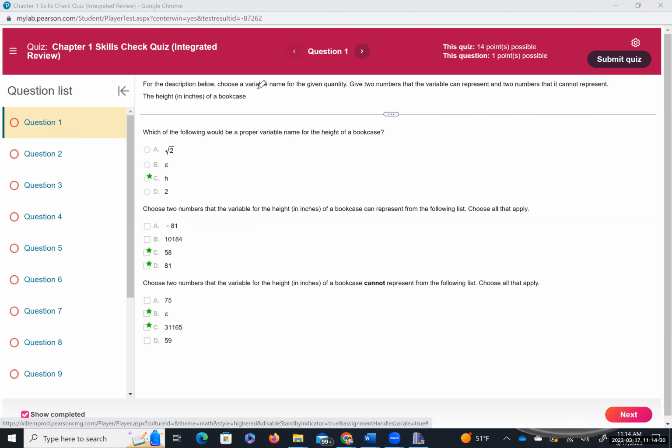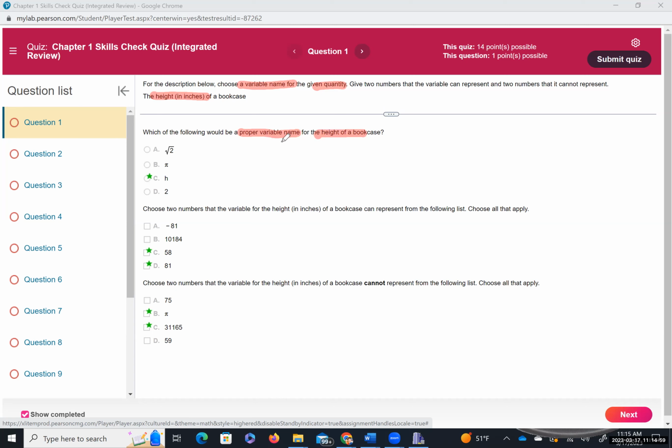We're looking for the variable name and quantities. In here we're talking about the height of a bookcase. The question says, which of the following would be the proper variable name for the height of a bookcase?